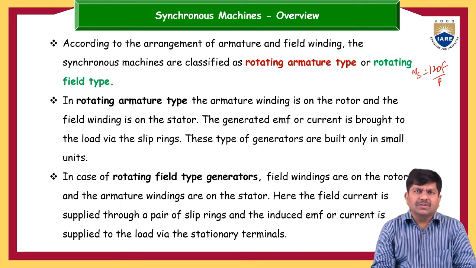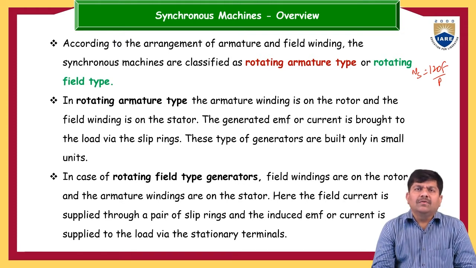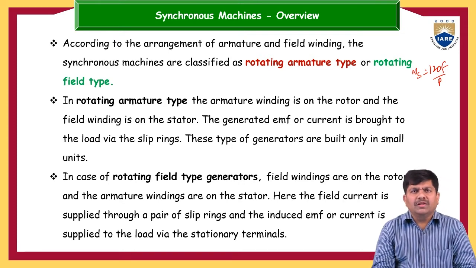Generally this type of configuration is used in low power applications, because this is a three-phase alternator, which has to deliver a maximum amount of output. In power plants, the majority of the generating machines are alternators, or synchronous machines.